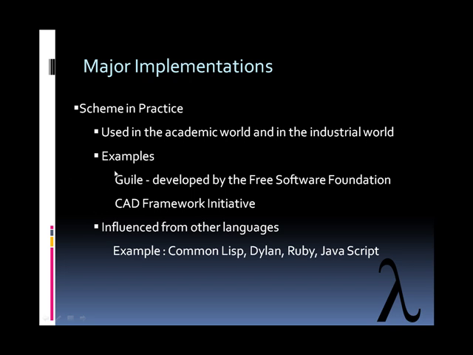Examples of the use of Scheme are Guile, which is an extension language developed by the Free Software Foundation, the Scheme Shell, which is a scripting language, and the CAD Framework Initiative, which partly uses Scheme. Scheme has also influenced other programming languages such as Common Lisp, Dylan, and Ruby.